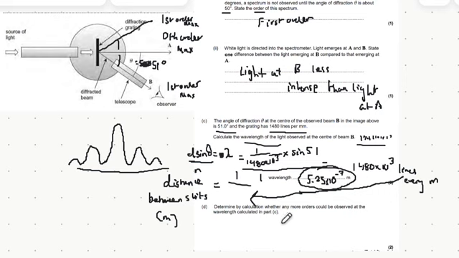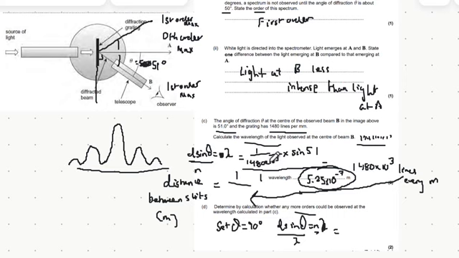Finally, we can move on to the last step where we want to determine whether any more orders are possible. Technically, the maximum angle of diffraction that can happen is 90 degrees. So we set theta equal to 90 degrees, and we want to find the value of n in d sine theta equals n lambda when theta is 90 degrees. So let's make n the subject. We divide both sides by wavelength.